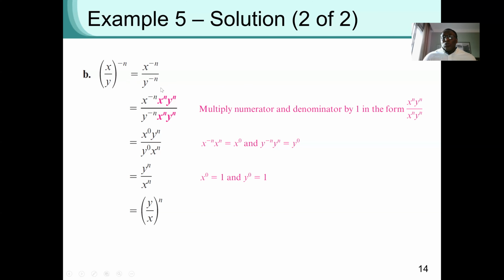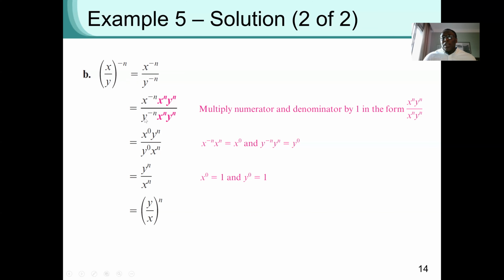Anything we do to the top of the expression, we do the same thing to the bottom of the expression. And the goal here is that we want to eliminate the negatives. So you can see that here we get x to the power 0, and y to the power n minus n will again give me 0.